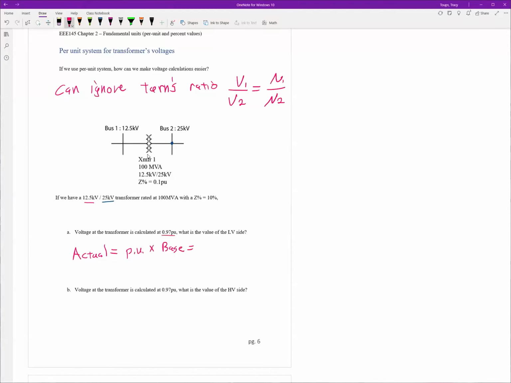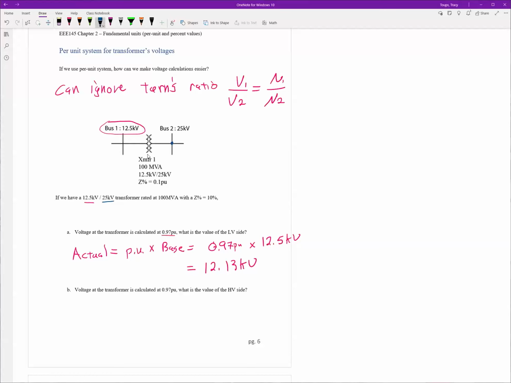Per unit, we calculate 0.97. What's my base value? Well, we're on the low voltage side, so this is my base value right here, the 12.5 kV section of your grid. So you're going to multiply by 12.5 kV, and your resulting number will be 12.13 kV. That's my actual voltage in volts, not per unit.